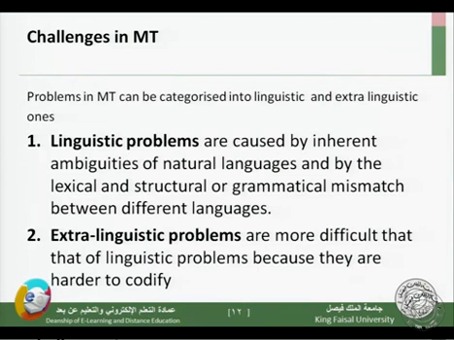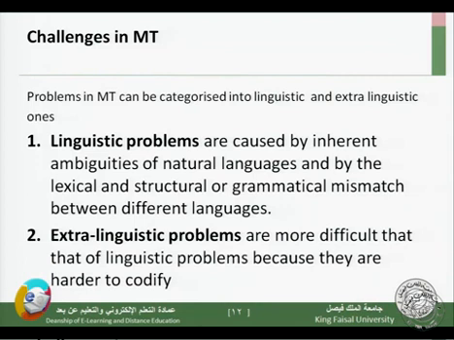In other words, you cannot identify and limit these problems, like cultural problems. How can you codify cultural problems? How can you codify, for instance, a socio-cultural problem? So these are extra linguistic. It means they are not linguistic. This type of problems is really difficult to get into machine translation programs.